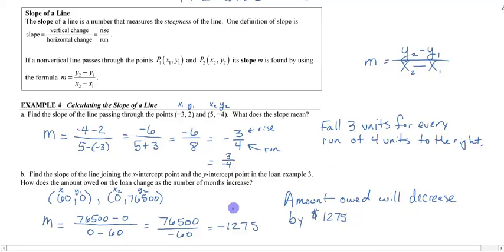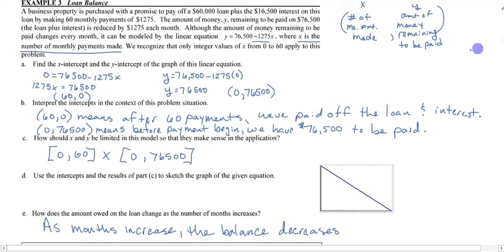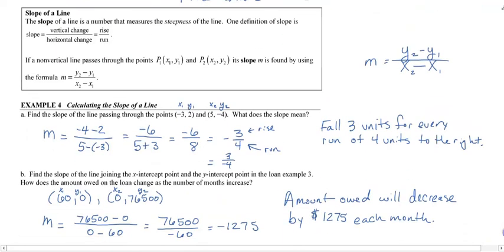The decrease is connected with that negative $1,275 each month. Nice. And in fact, you pay that $1,275 for 60 months, just like they said. That loan of $60,000 plus the $16,500 interest is going to be gone.